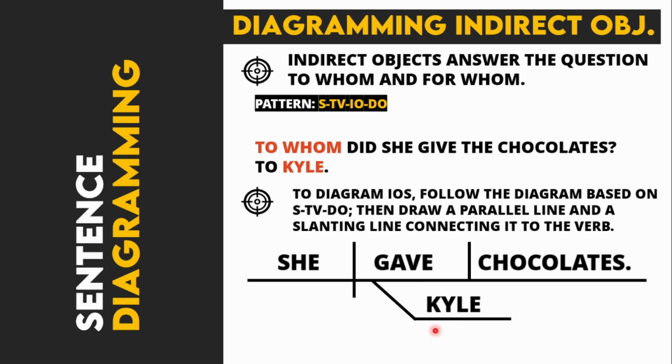So that's how you're going to diagram the STVIODO pattern. She gave what? Chocolates. To whom did she give the chocolates? To Kyle. Please do not forget that you're going to draw a slanting line and a parallel line to the horizontal line below your verb. Okay, there's no other place for indirect objects but under the verb.